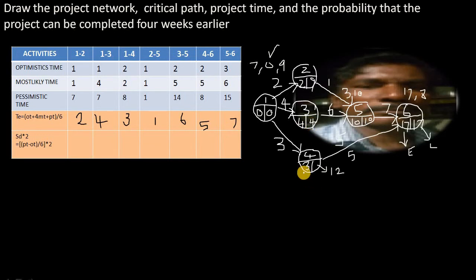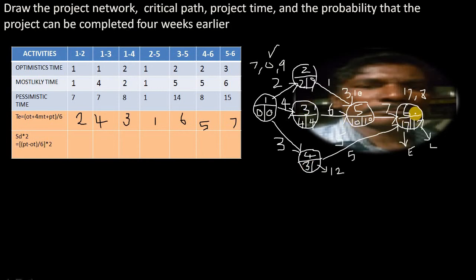Here earliest time is 3 weeks, latest time 4 weeks. Here earliest time is 10 weeks and latest time is 10 weeks. And here the sixth event, the earliest time is 17 weeks and latest time also 17 weeks. Thus we can calculate the earliest time and latest time for each and every event, event number 1, 2, 3, 4, 5, 6.